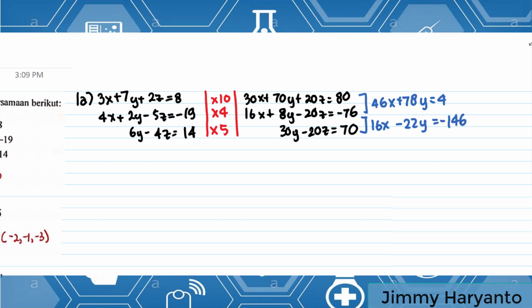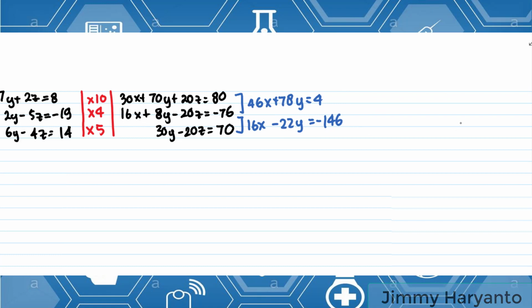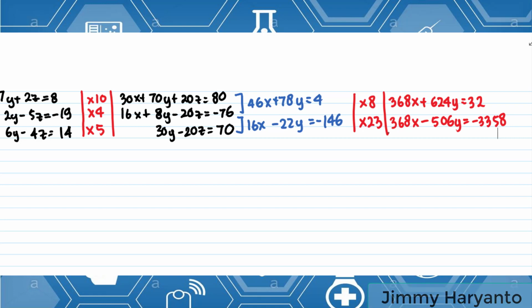There you go. And then I have to make the x or y equal. The numbers are so big, so for this one I can times it with 8, and for this one times it with 23. Wow, so big. Then you have to minus it.